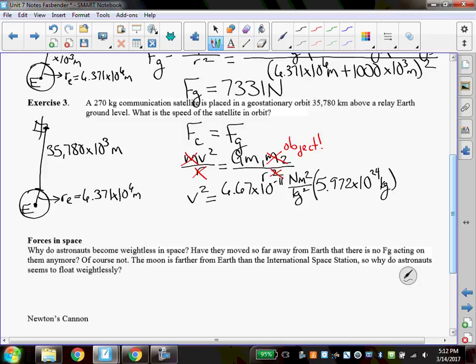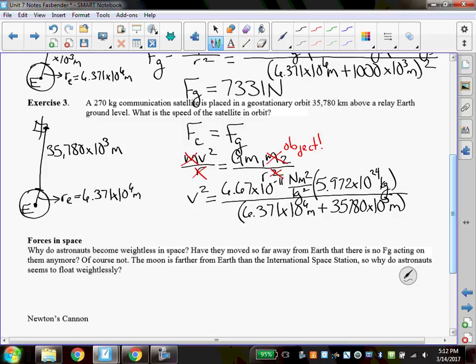Since we're talking about the Earth, that's the planet. And we're going to divide that by our separation. In this case, our separation is the radius of the Earth, 6.371 times 10 to the 6th meters, plus 35,780 times 10 to the 3rd meters.